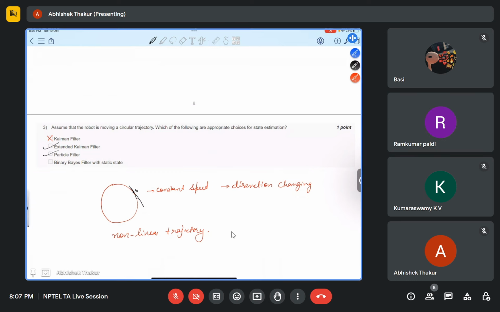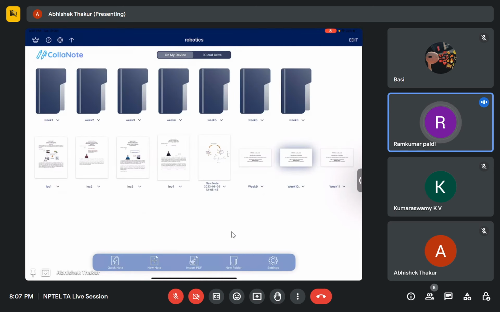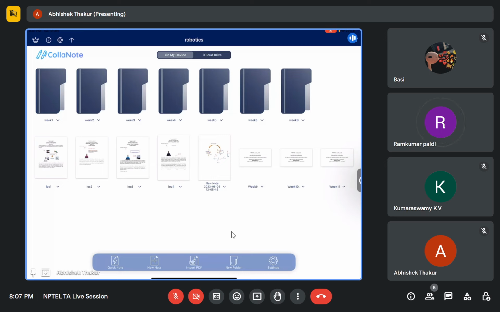The Kalman filter is for linear motion only, linear trajectory only. So here the trajectory is non-linear. That's why it can be estimated using the extended Kalman filter. So in Kalman filter, we only handle linear. Yeah. Okay, sir. So the only difference between Kalman filter and extended Kalman filter is non-linear or not? Yeah, we can deal with non-linear models in the extended Kalman filter.